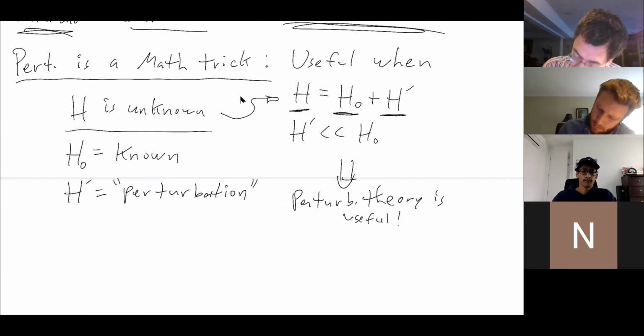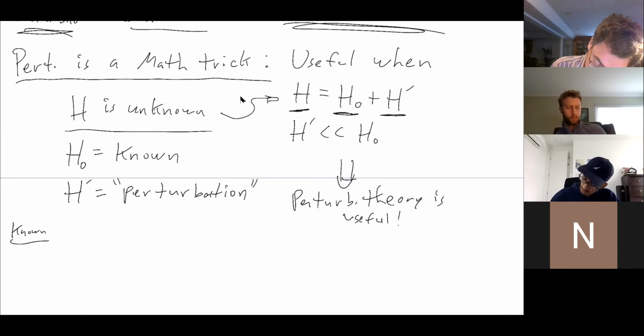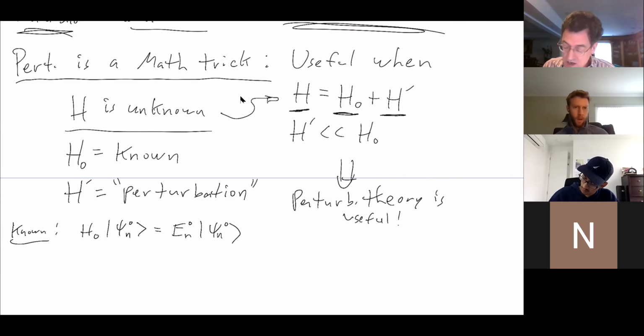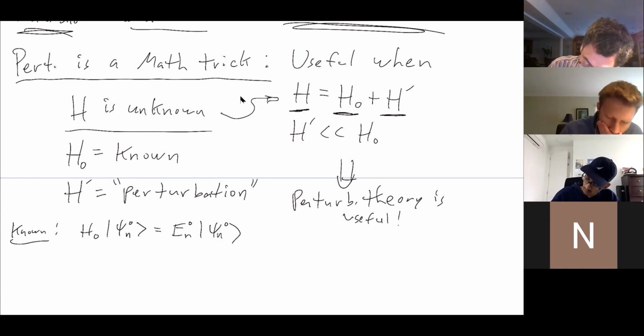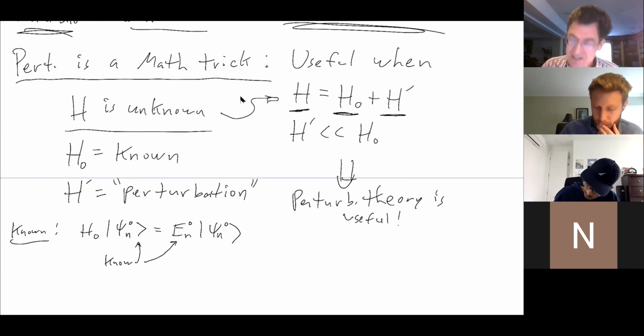And what does it mean to be a known Hamiltonian? A known Hamiltonian has the following property. If I hit that known Hamiltonian up against its eigenstates, then I know the eigenstates. I'll label them with a 0 superscript to say that these are the unperturbed eigenstates. So for a Hamiltonian to be known, it means that I know the eigenstates and I know the eigenenergies.